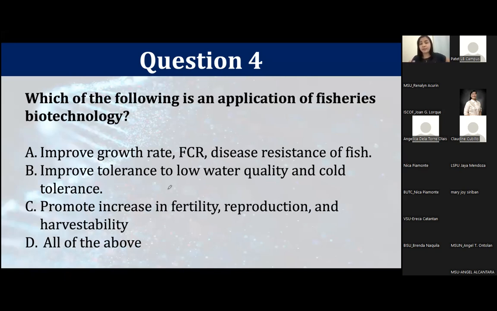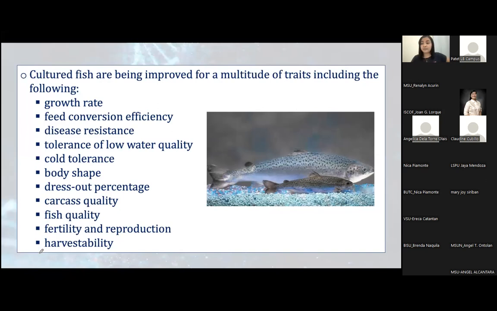So later on, matatouch natin itong disease resistance din na to, and then on how to improve the FCR and then the growth rate. So these are the effects of biotechnology in fisheries. So all of this, basahin nyo na lang to isa-isa, and then tandaan, pag may nakita kayong mga improved na term na yan, yun na yun.